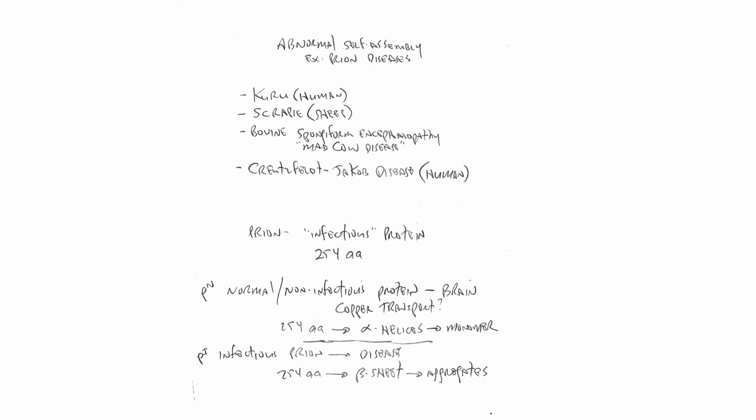So we first became aware of prions with Kuru. This particular disease was discovered in a population of people in New Guinea by anthropologists in the mid 1950s, early 1960s.